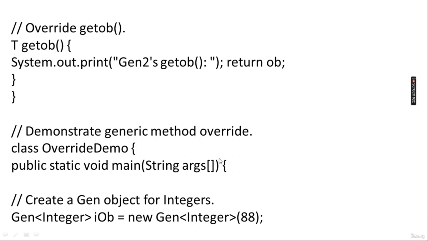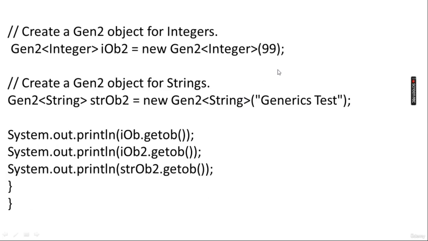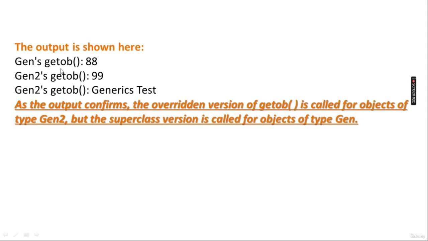Now we will see the generic method override example. While creating objects, Generic iObject is created, Generic2 iObject2 is created with 99, and a string object is created for Generic2 test. Then iObject.getObject, iObject2.getObject, strObject2.getObject. Okay, so for the base classes, it will display Generic getObject 88, Generic2 getObject 99, Generic2 getObject is Generic text.